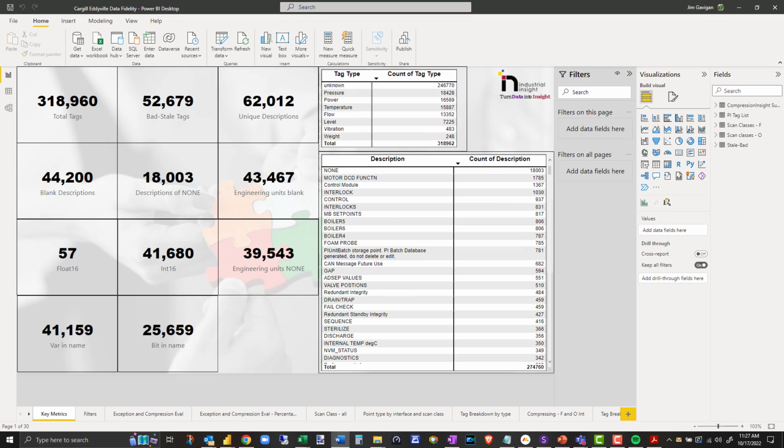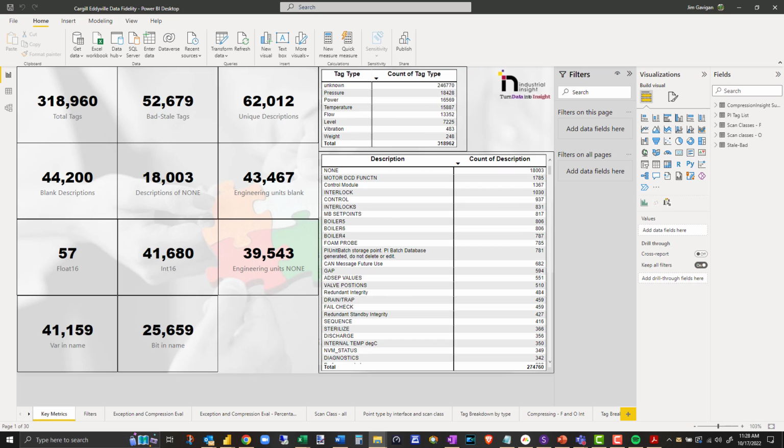One of our other partners is a company called Pattern Discovery Technologies. They make a software package called Compression Insight. What that allows you to do is tag tuning on the exception and compression of the actual signals themselves.